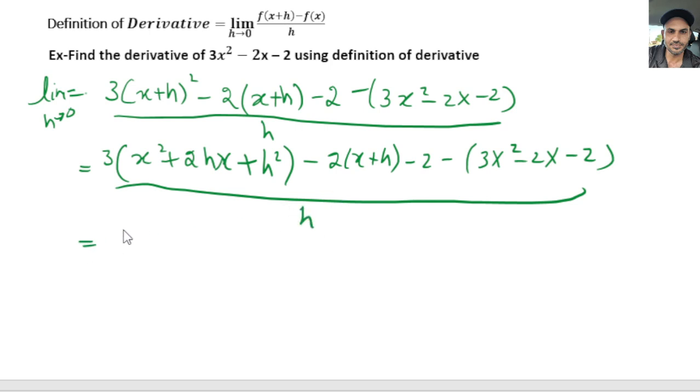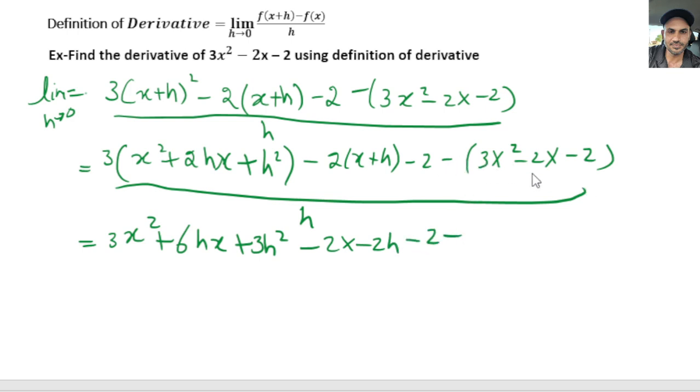In the next step, I'm going to go ahead and simplify this. This 3 multiplies with x squared, you get 3x squared. And when 3 multiplies with 2hx, it becomes 6hx. Plus 3 times h squared is 3h squared. Minus, and then you simplify this, negative 2 times x is negative 2x, minus negative 2 times h is negative 2h minus 2. And then we're going to multiply this negative inside.